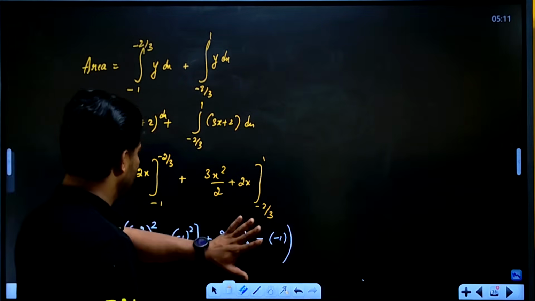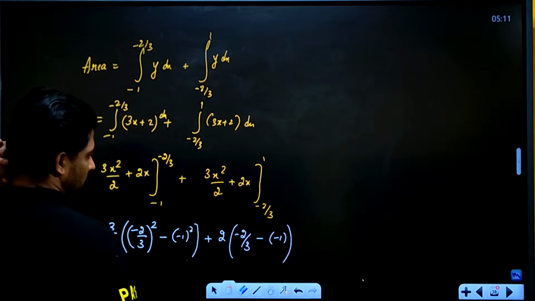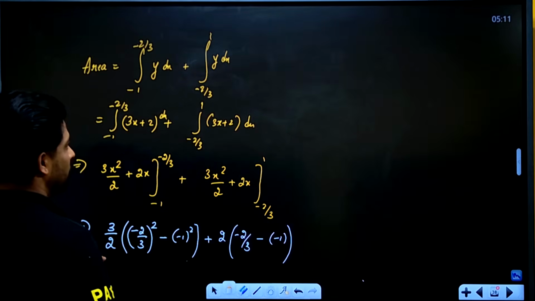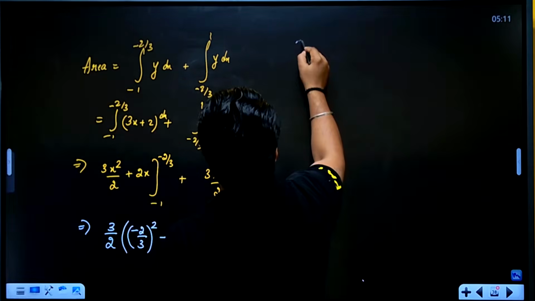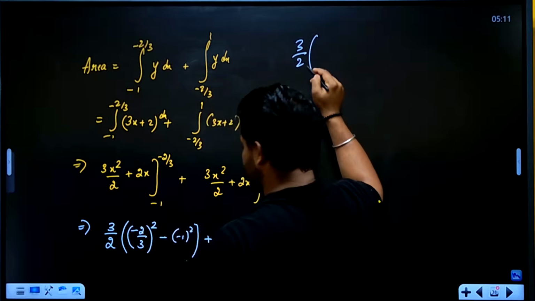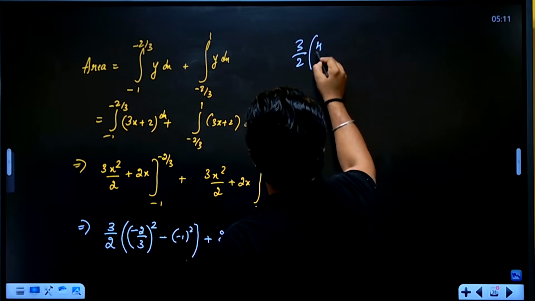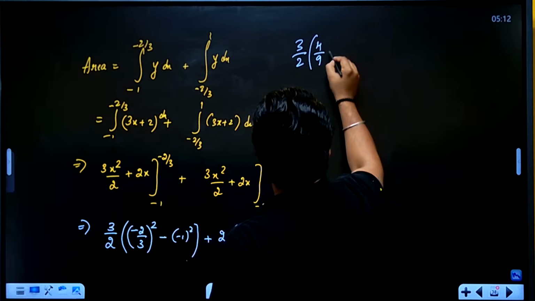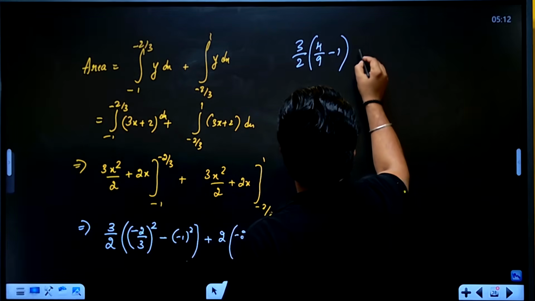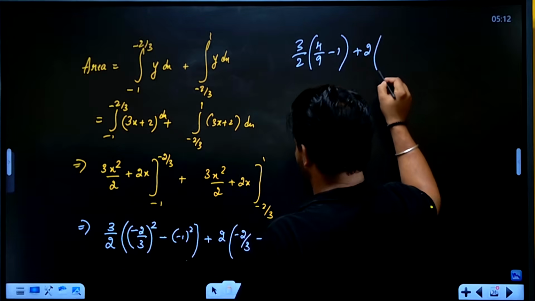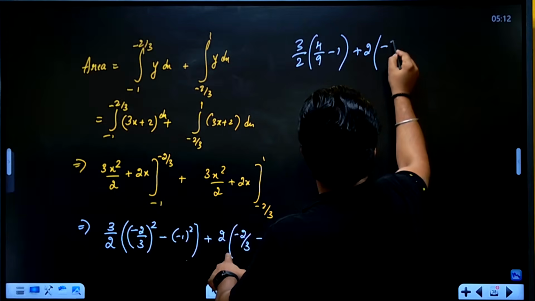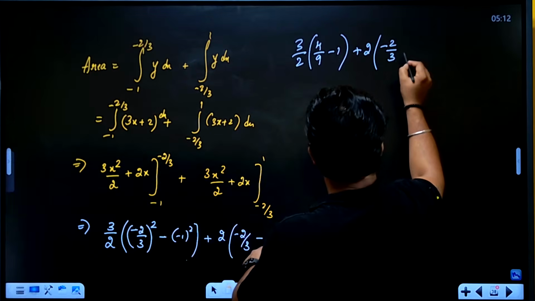Now we'll calculate this and then move on to the other part. So 3 by 2 of this is 4 by 9 minus 1, plus 2 of this is -2 by 3 plus 1.